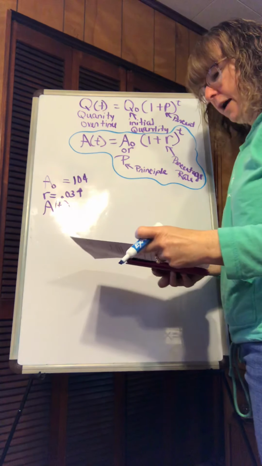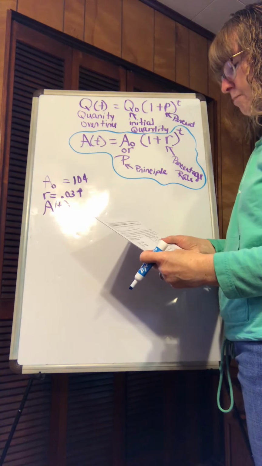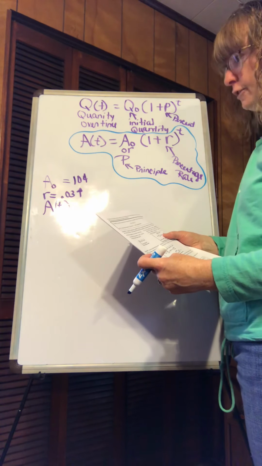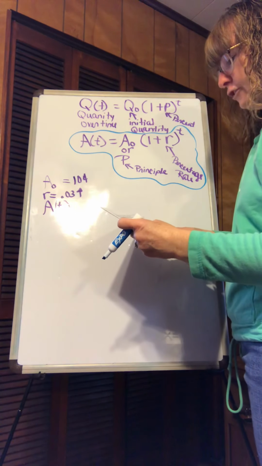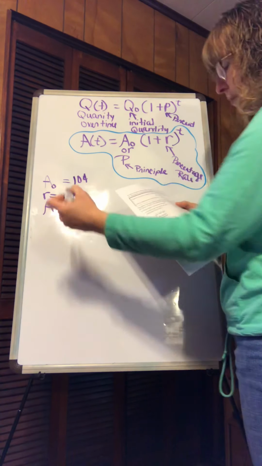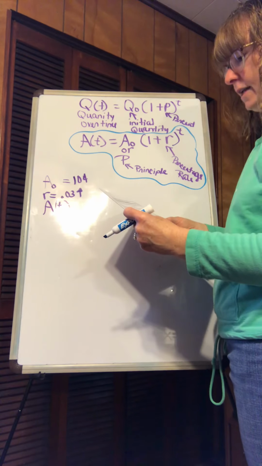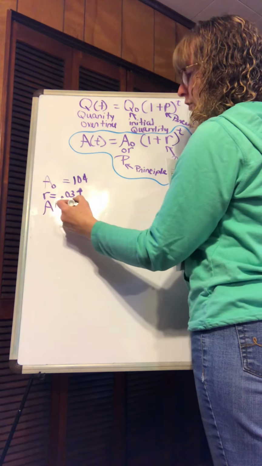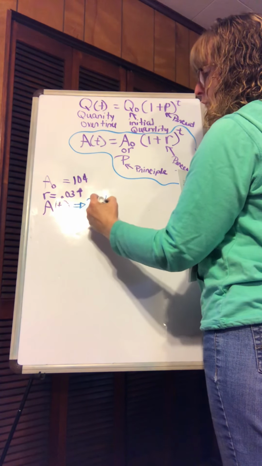Now let's talk about this bat problem. A biologist is modeling the population of bats on a tropical island. When he first started observing them, there were 104 bats. That's my initial amount. The biologist believes that the bat population is growing, increasing by 3%. Part A, they want me to write an equation for the number of bats, and instead of amount over time, they want me to use bats over time.